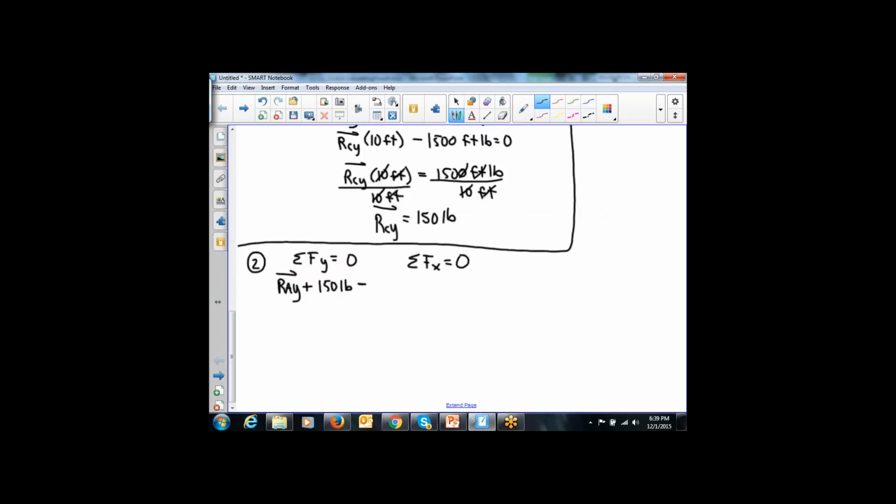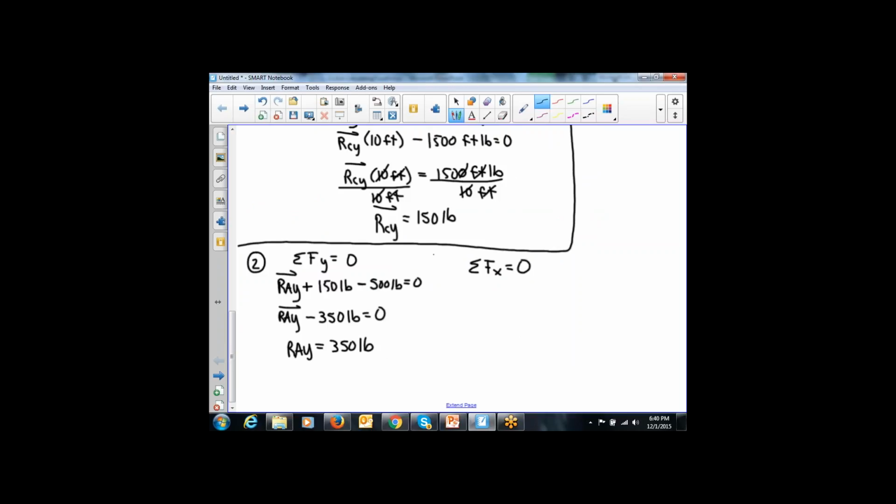So down is negative 500 pounds. Okay, so I know that that needs to be equal to 0. So RAY is my only unknown. I have negative 350 pounds left over here when I combine what I know. So it turns out that RAY is equal to 350 pounds, and it is positive. So the direction that I drew that was correct.